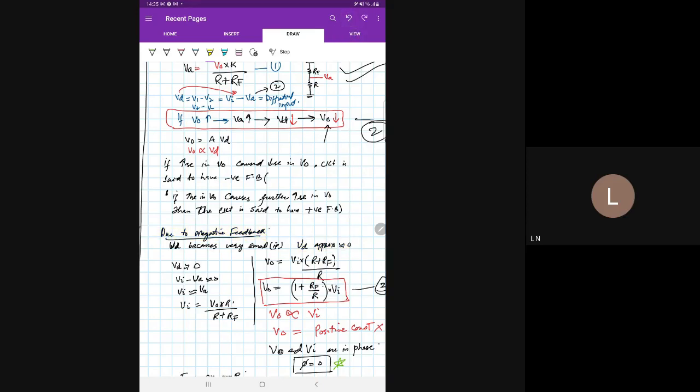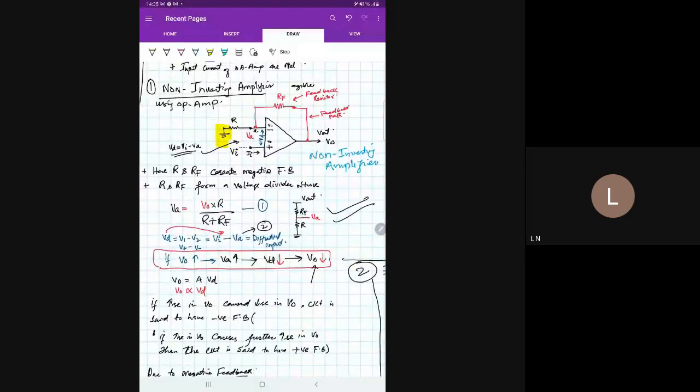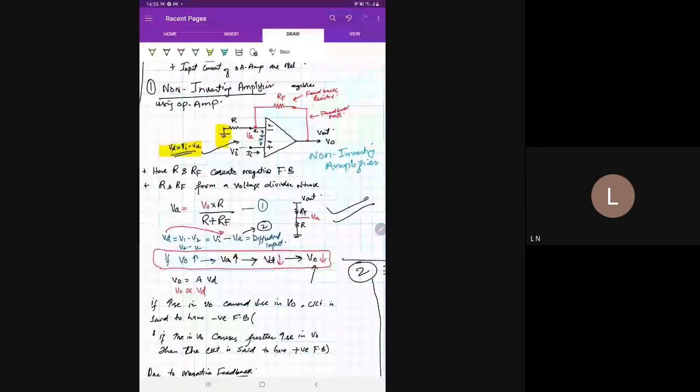When we say the differential input Vd is nearly equal to 0, we know what Vd is. Vd is the difference of these two inputs, the differential input of the operational amplifier. So Vd is equal to Vi minus Va, input voltage minus node A voltage, or V non-inverting minus V inverting, or V1 minus V2.